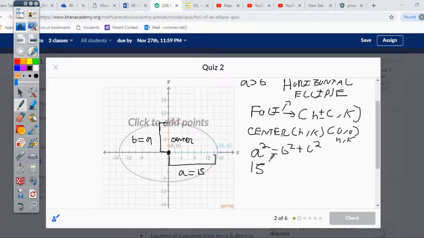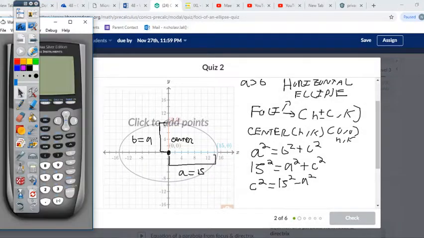So 15 squared is equal to 9 squared plus C squared. C squared is equal to 15 squared minus 9 squared. So that should be 225 minus 81.